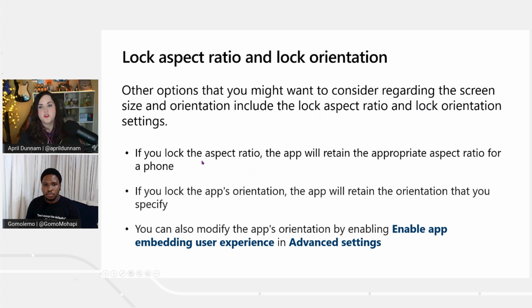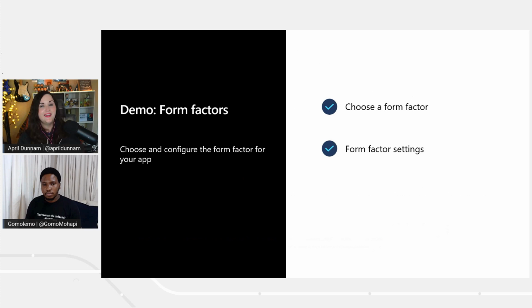There's a setting that if you lock it, it's going to try to retain the appropriate aspect ratio on the phone, and the orientation as well, which we can walk you through in our last demo of the different form factors, where we can show you how to choose the form factor and do a high-level overview of some of these settings. If you want to walk us through that, Homalema.